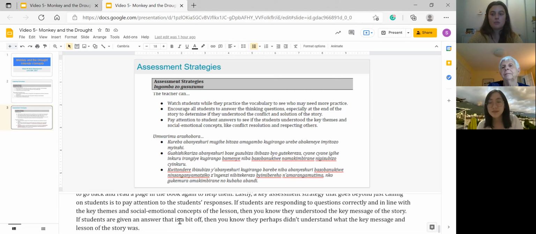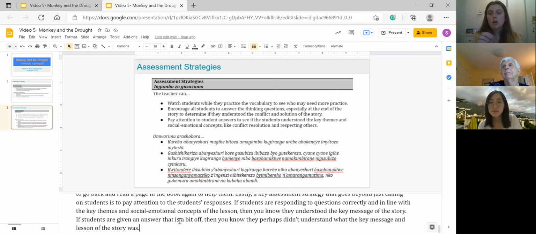Yeah, that's a very good point. In pair shares, you can also be observing and listening to all the students, and they might feel more comfortable in a small group. And to add too, independent activities are also really good.